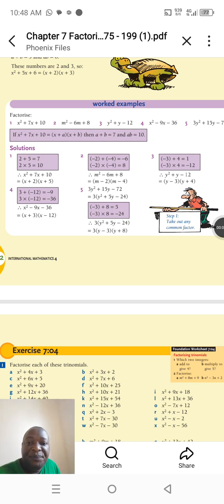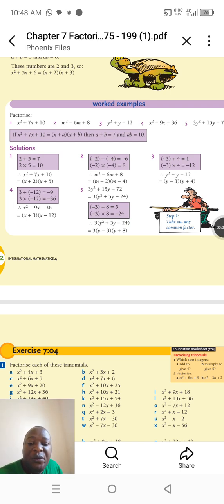Question 2, m squared minus 6m plus 8. So the coefficient of m squared is 1. Then we multiply by the constant c, which is 8. So product is 8 and the sum is negative 6, and negative 6 is the coefficient of m.